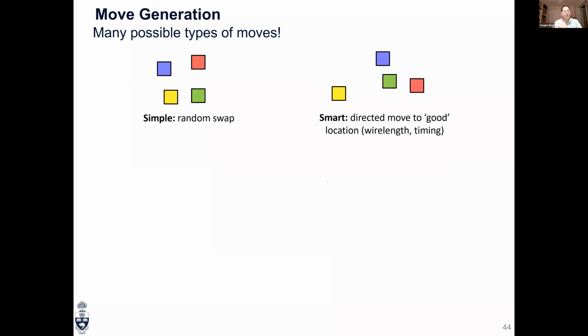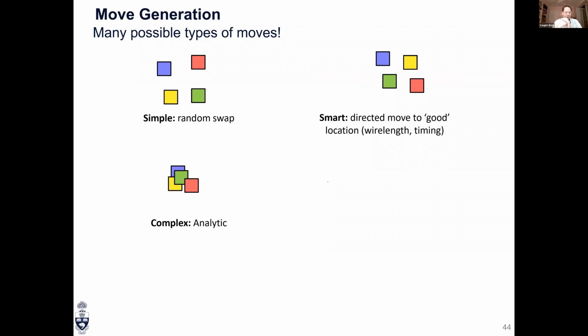You can have smart moves, and there are a variety of things that have been explored in industry and published in academia of different smart moves where you examine the current placement or a part of the current placement and propose something that should minimize wire length or improve timing. Okay, and there are a lot of different proposed smart moves.